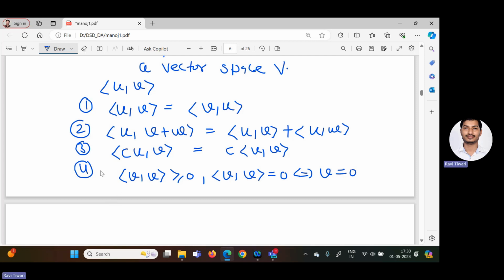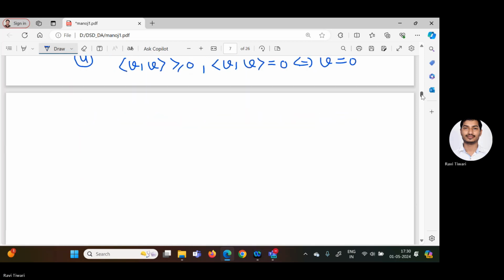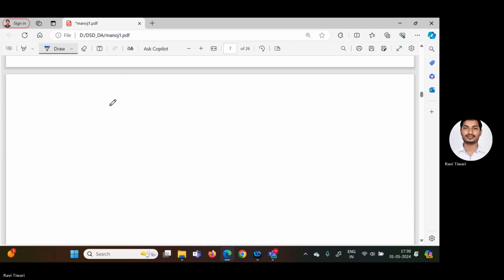So let me explain some examples. The standard inner product of two vectors is defined as follows. For example, U equals U1, U2, U3 and V equals V1, V2, V3.